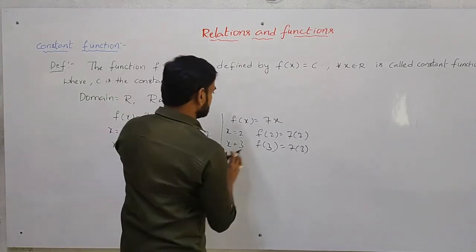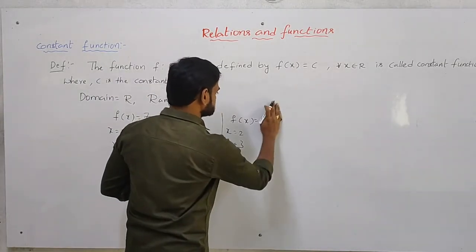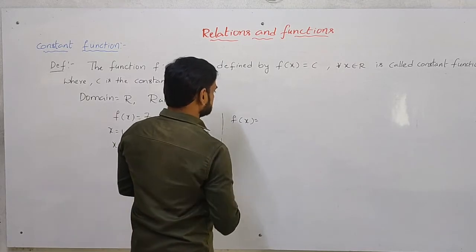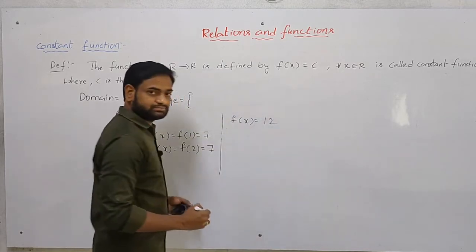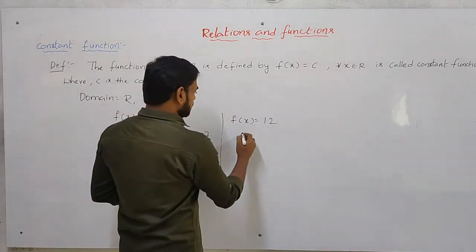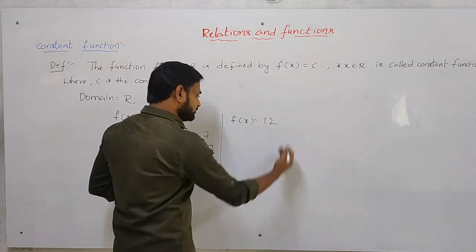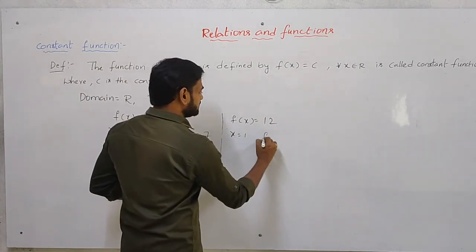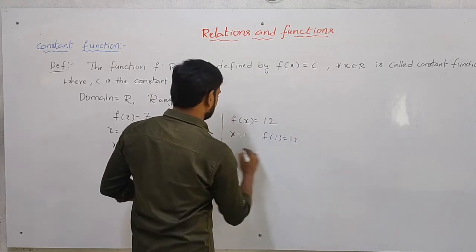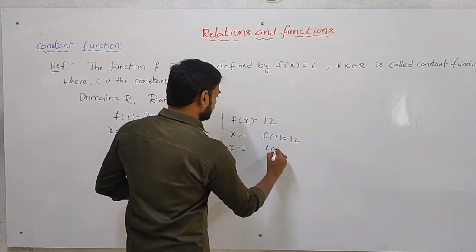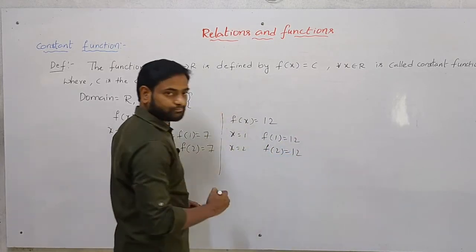Suppose here I take 12. Now, for every value, if you take x equal to 1, then f of 1 is 12 only. x equal to 2, f of 2 is 12 only.